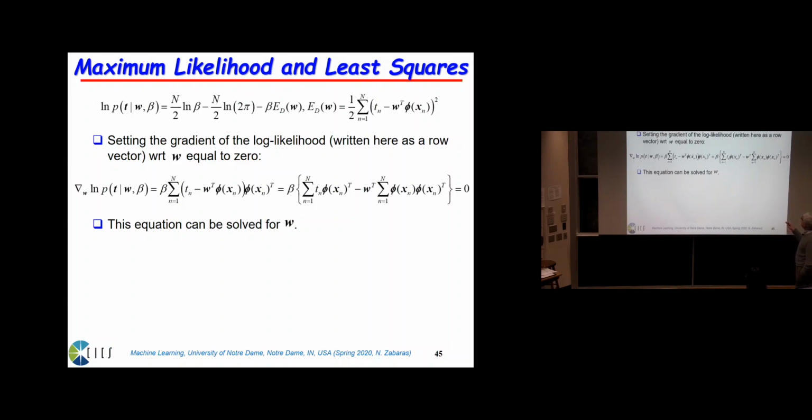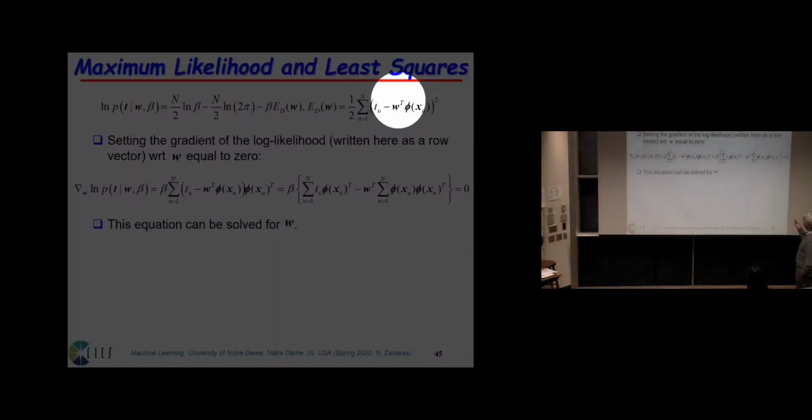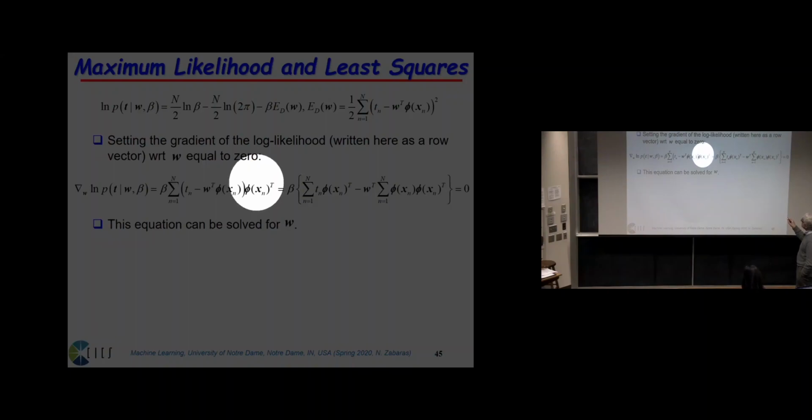So if you take derivatives with respect to W, you have this quadratic, so the 2's will cancel, so you get this minus that times, not phi, but phi transpose. You remember, this whole parenthesis here is a scalar. Phi is a column vector, phi transpose is a row vector.